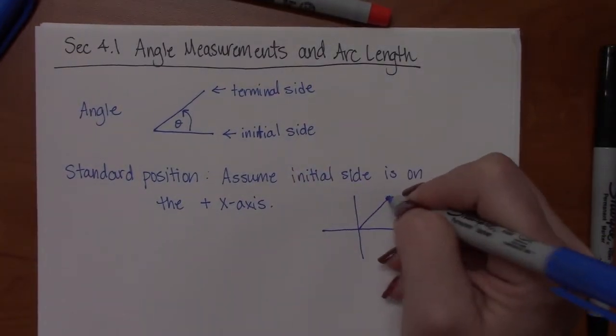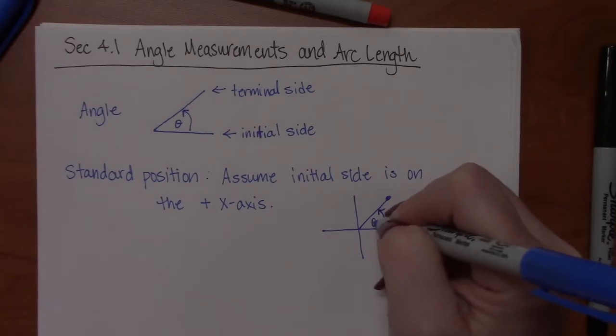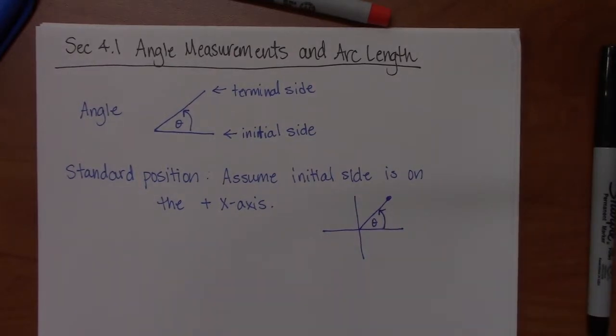So an angle in standard position would look like this. If I had the terminal side in quadrant 1, you start at the positive x-axis, and we default to going counterclockwise. That's how we go around.